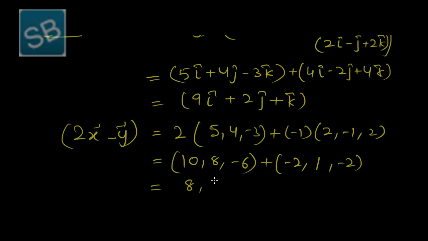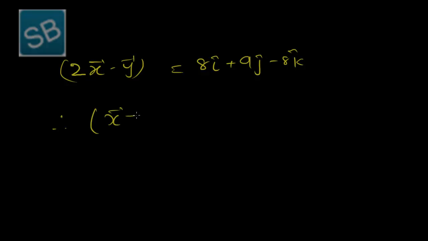So it is 8 plus 1 is 9 and minus 6 minus 2 is minus 8. That is, the 2x minus y vector is 8i plus 9j minus 8k.